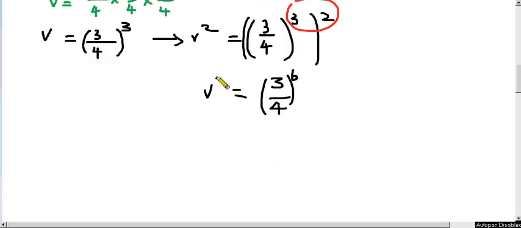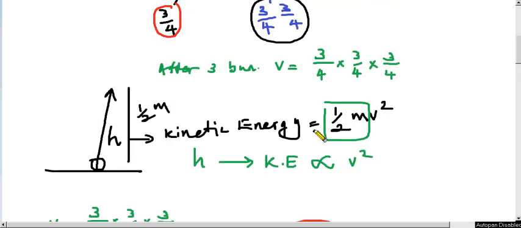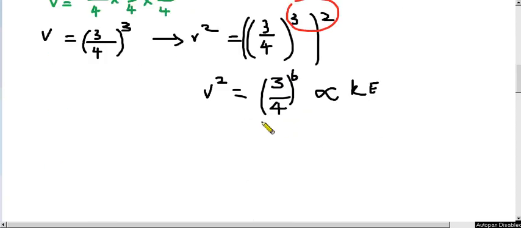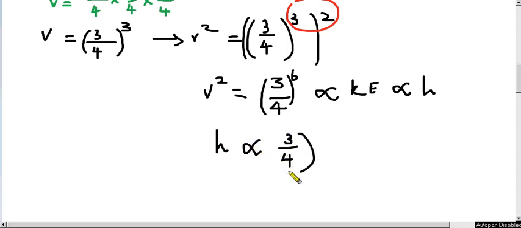So this is the v squared. This one is proportional to kinetic energy, because kinetic energy is proportional to v squared. So we have found the value for v squared, which is proportional to kinetic energy, and that is proportional to height. So the height is now proportional to this value, 3/4 power 6.